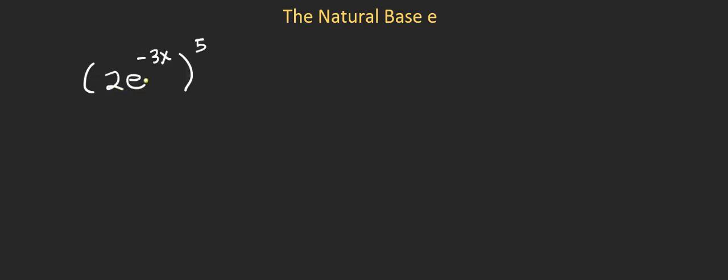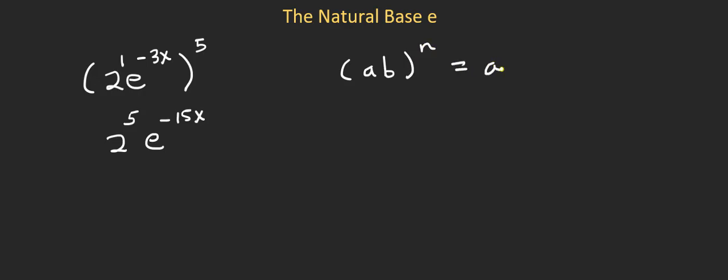What about quantity 2e to the negative 3x, to the 5th power? Well, the exponent of 2 is 1. So you could say that this is the same thing as 2 to the 5th, e to the negative 15x. Because when you have (ab) to the nth power, it's going to be a to the n, b to the n. So 2 to the 5th is 32.